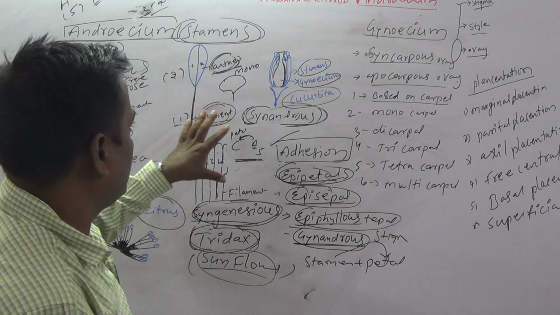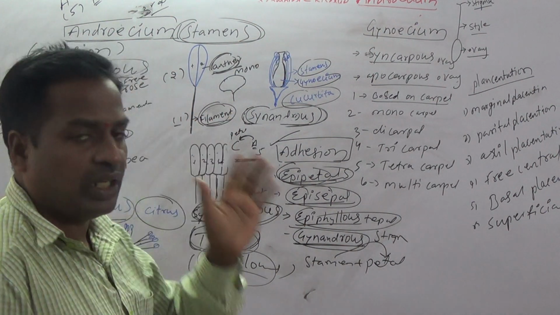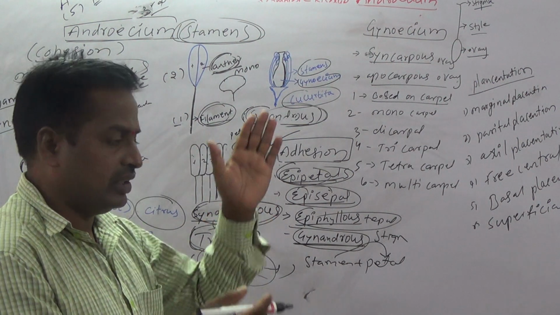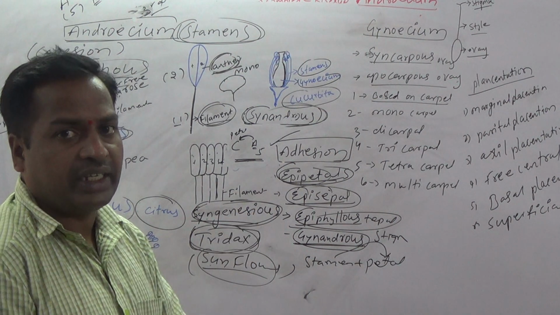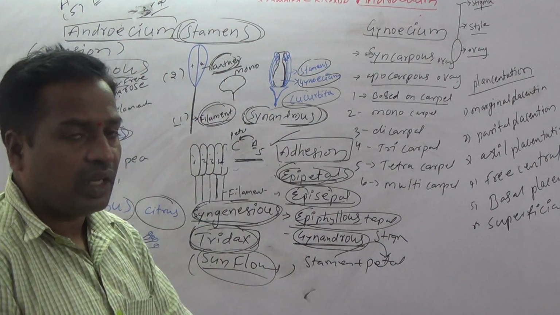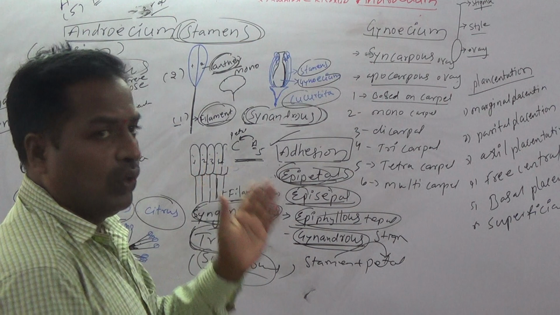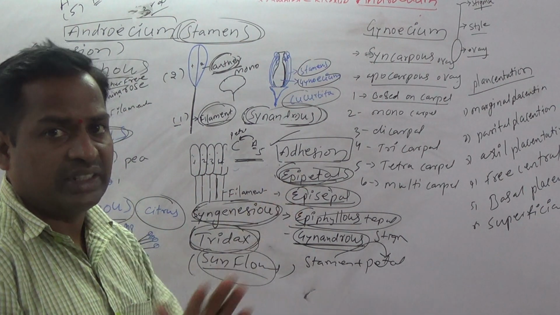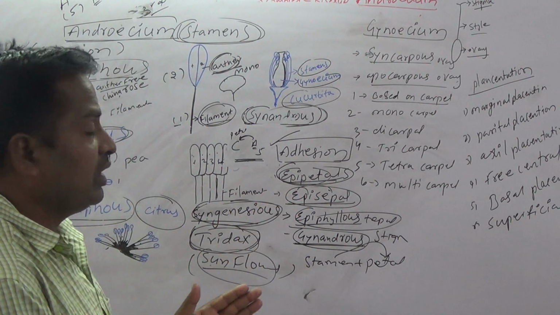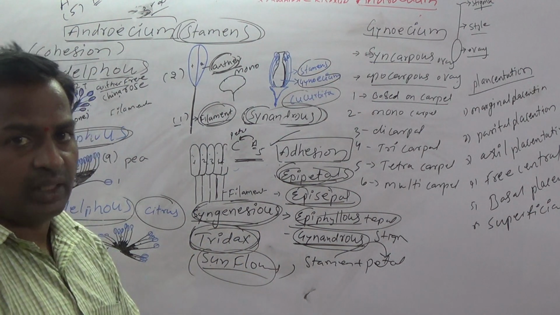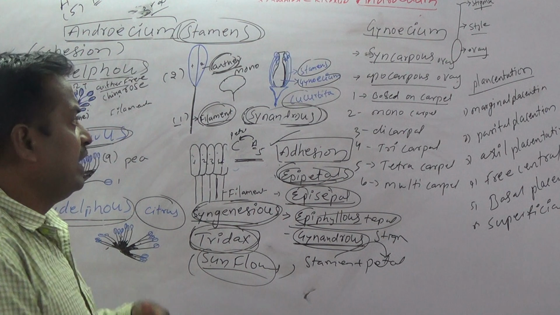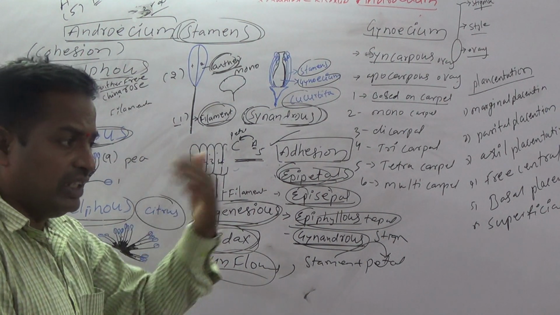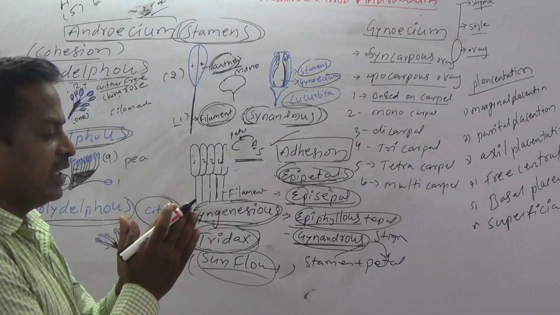Very important, students. The stamens, based on dehiscence of anthers, can be longitudinal, transverse, valvular or porous dehiscence. When the anther is mature and ready to release the pollen grains, it breaks up.